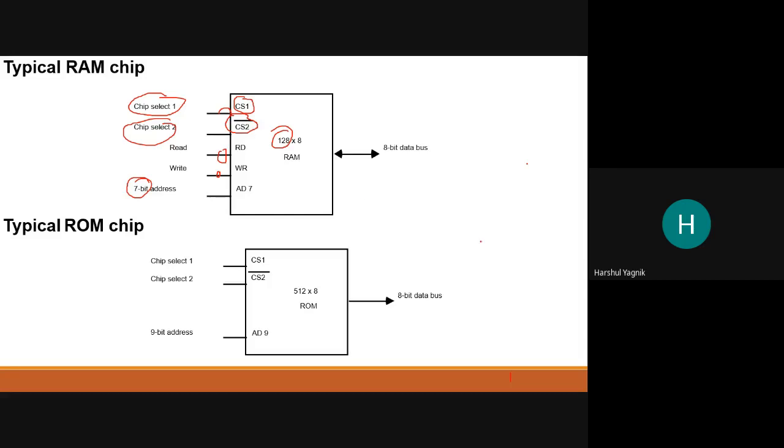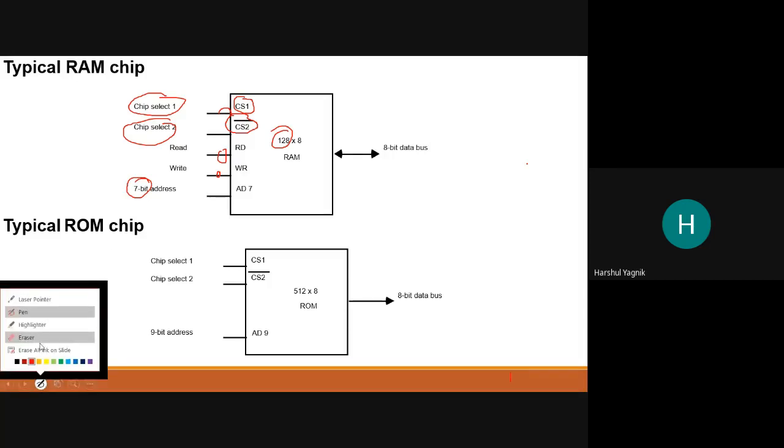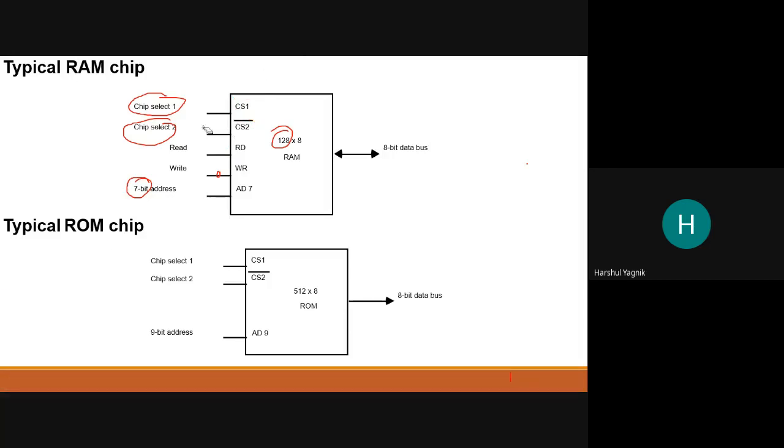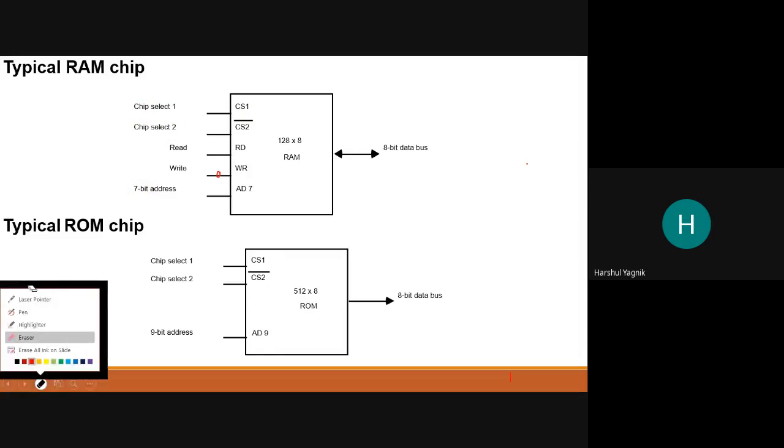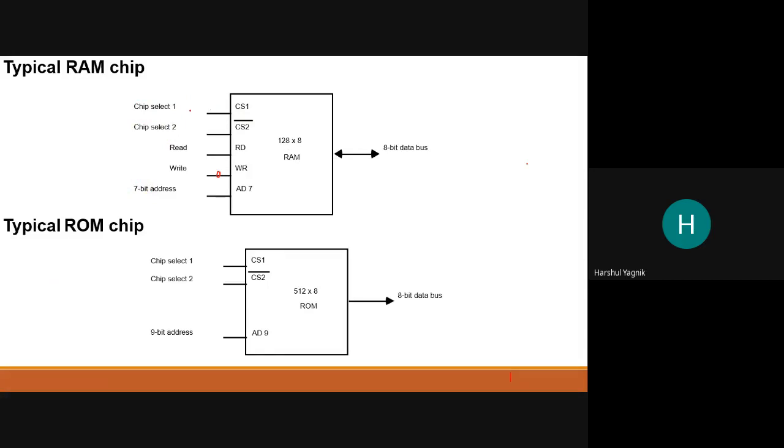So remember this. Here CS1 is an active high pin, where if the input voltage is 0 volt, that would be considered logic 0. And if the input voltage is 5 volt, that is considered logic 1.